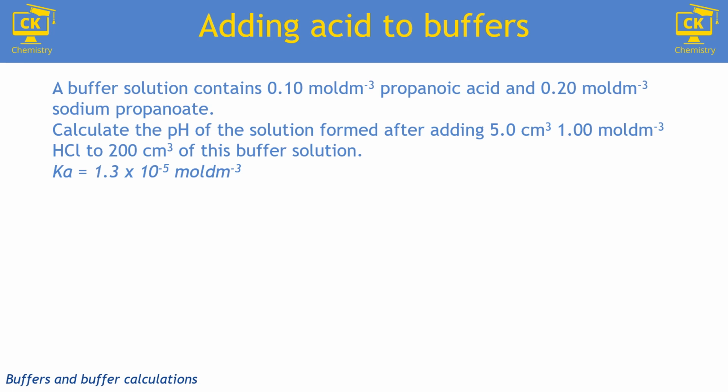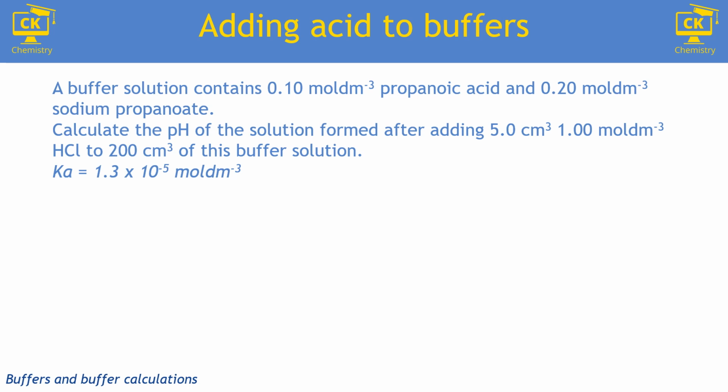So here is an example that we're going to work with. Again, starting a new buffer solution, I'm doing a new one every time just so that we can really get used to doing this calculation, and hopefully you've really got used to using that Ka equation by now as well.